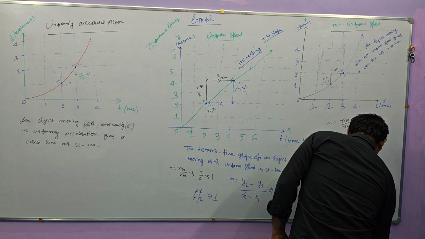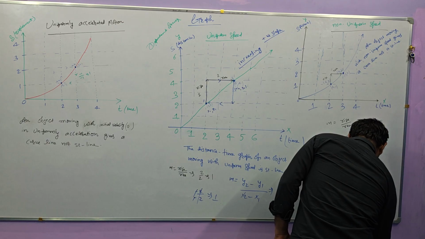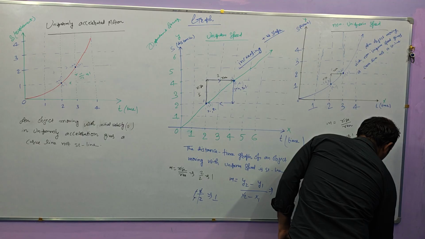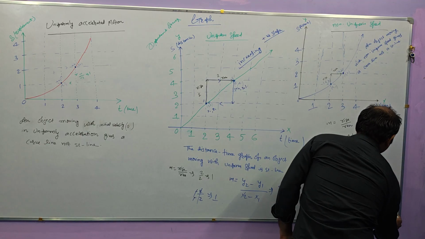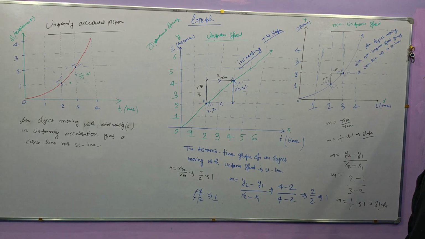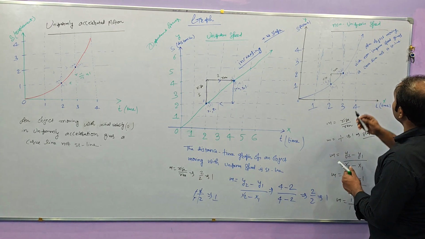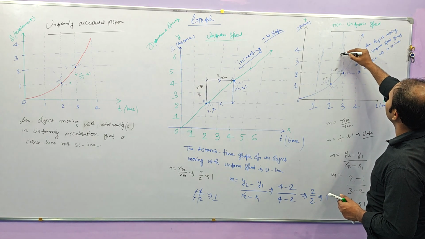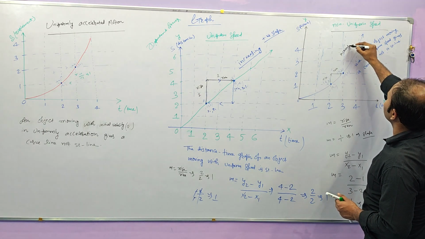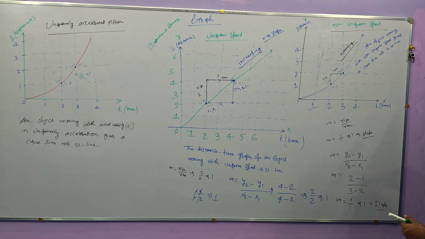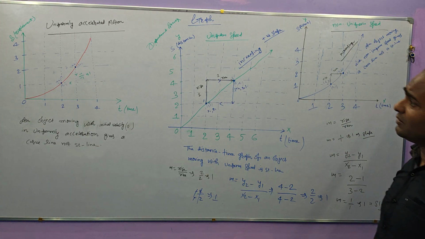So we get m is equal to 1 by 1, that is slope 1. And it also shows the graph is increasing. Both have an increasing nature.